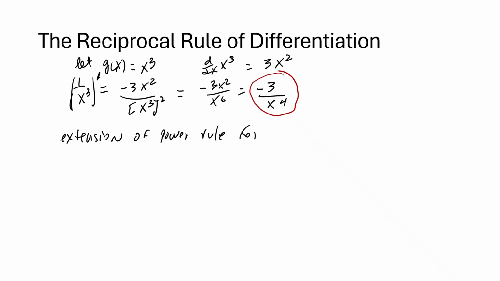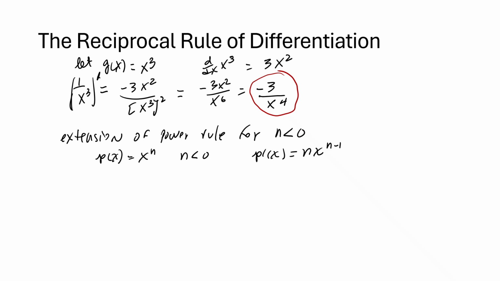Power rule for n less than 0. So what we can say is, if we take the function p of x equal to x to the n, where n is less than 0, the derivative of p of x is n x to the n minus 1. And we just saw that in those two previous examples.